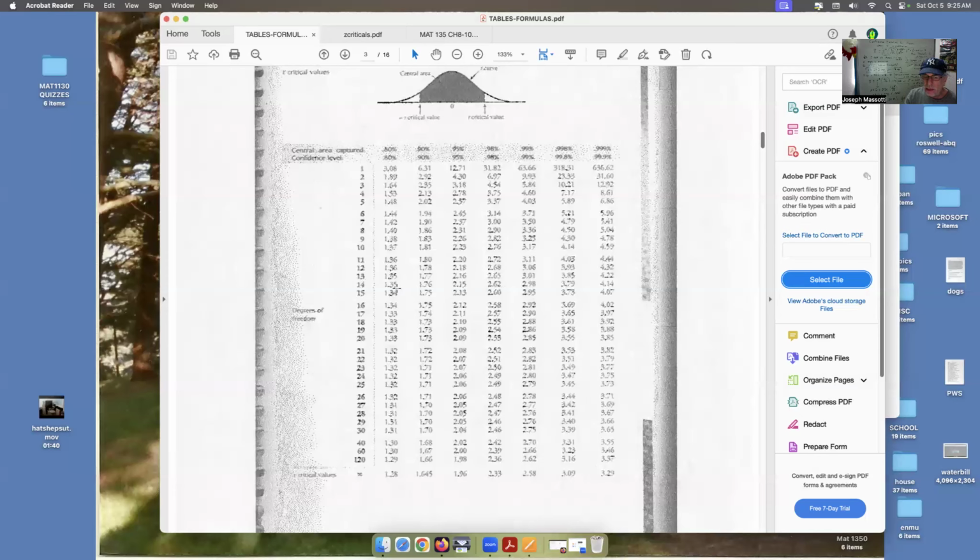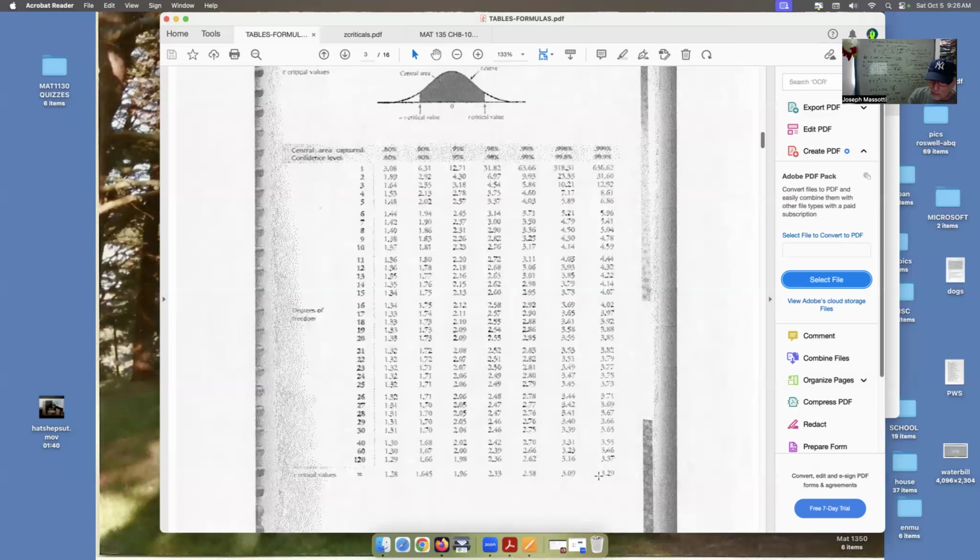Now notice these are pretty close to the Z critical values. And as the sample size increases, the T distribution gets closer and closer to the standard normal. Notice that 120 for 90% is 1.66. And if you recall, for the Z critical, it was 1.645.